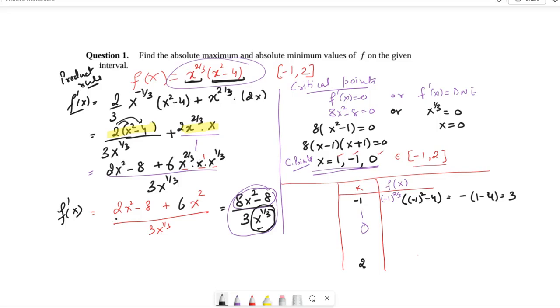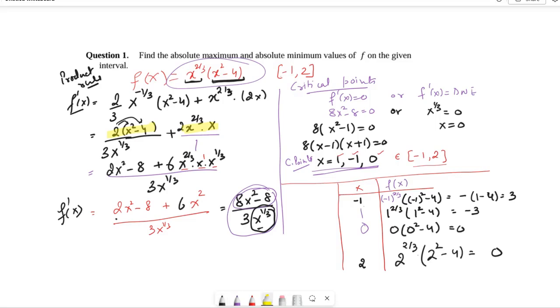When I put 1 in there, then we'll have 1 to the power 2/3 times 1 squared minus 4. That's going to be -3. When I put 0 in there, 0 times anything has to be just 0. When I put 2 in there, 2 to the power 2/3 times 2 squared minus 4. That's going to be 0 because 2 squared is 4, minus 4 is 0.